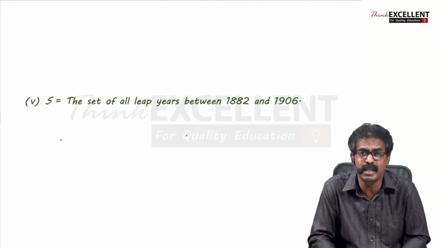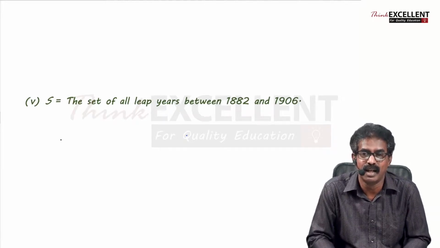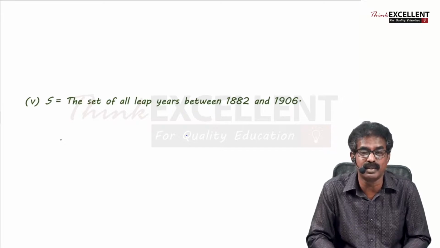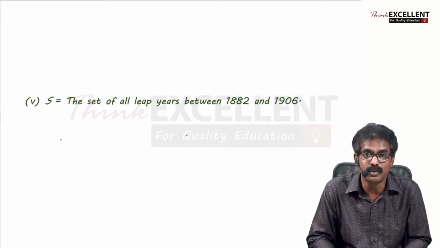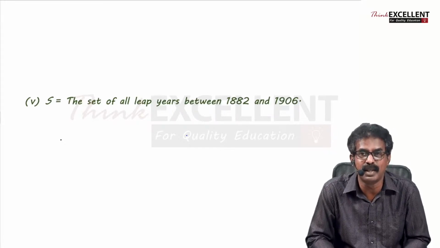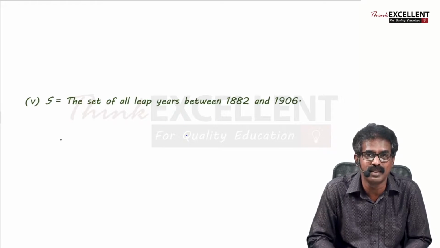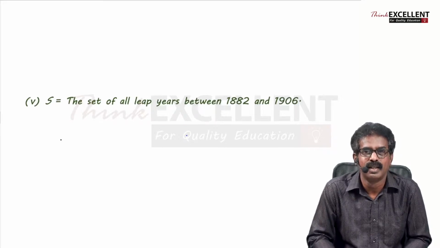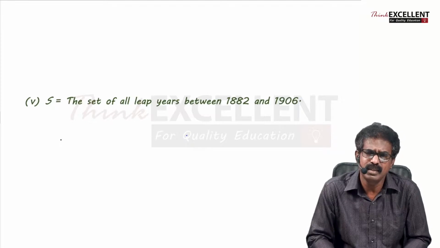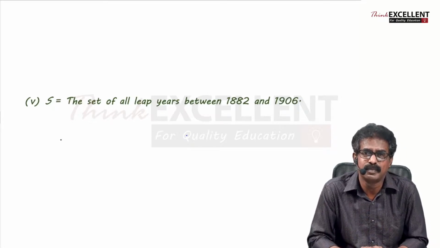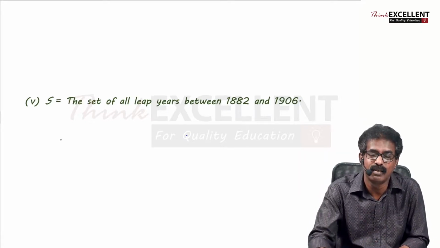Have you heard about leap years? Yes. Some of the students will have their birthday on February 29th, right? They celebrate only once in how many years? 4 years. So listen. In 1 year, how many days? 365 days, right?